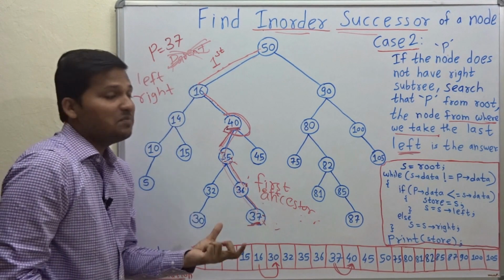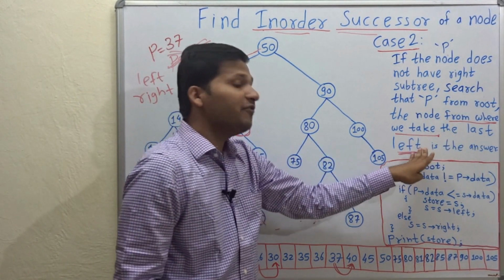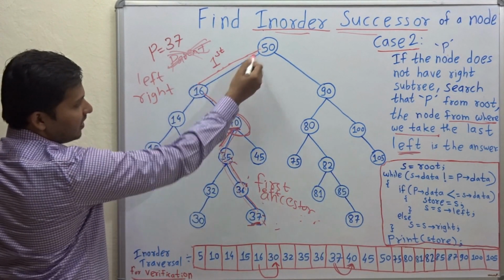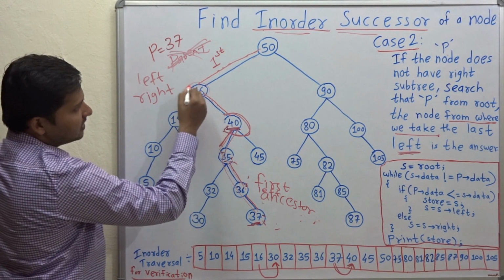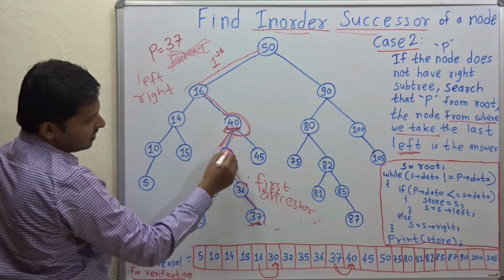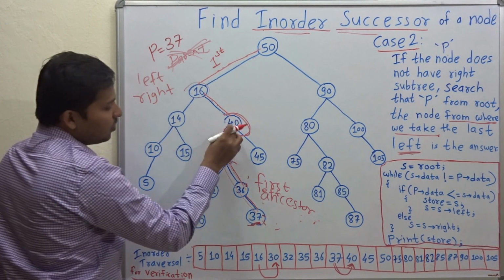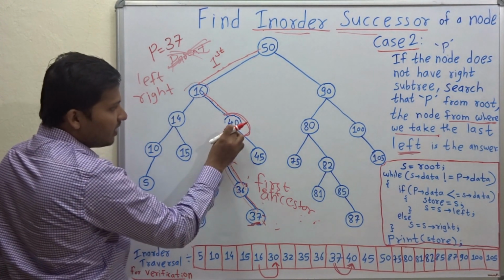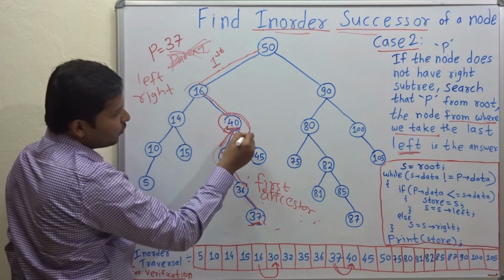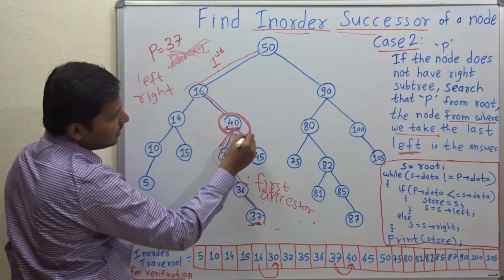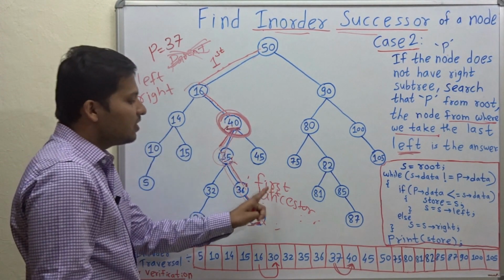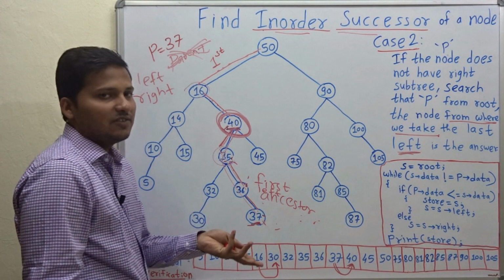But that is the same thing as the last left child. See, this is the first left child in this traversal, this 16, and this is the last left child. The node from where we took the last left turn is the same node as the first left ancestor.